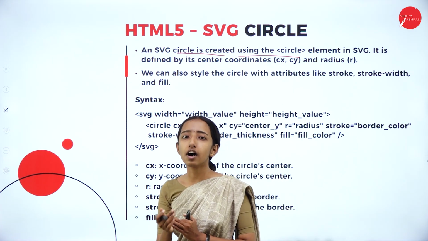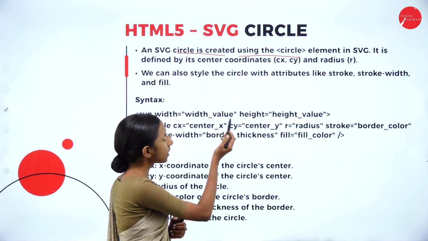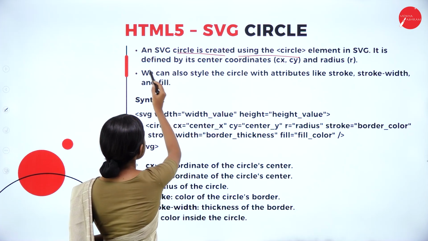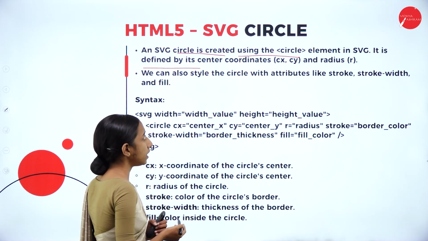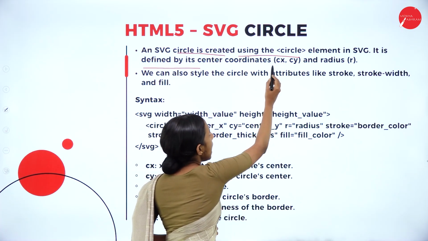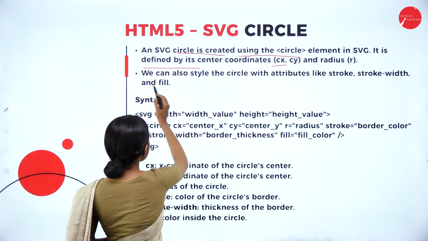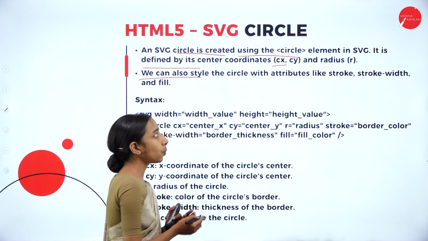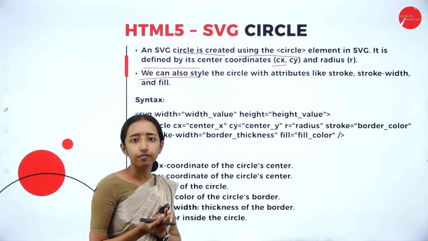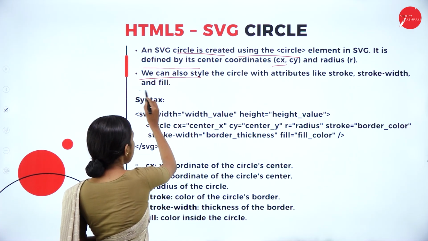So we have our own circle tag in HTML5. The element in SVG is defined by its center coordinates, so here we have center coordinates CX and CY and radius R. Next we can also style the circle with attributes like stroke, stroke-width, and also fill.